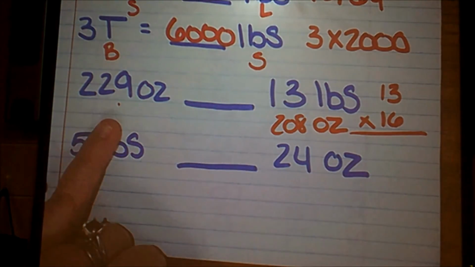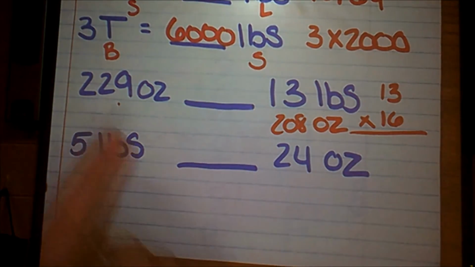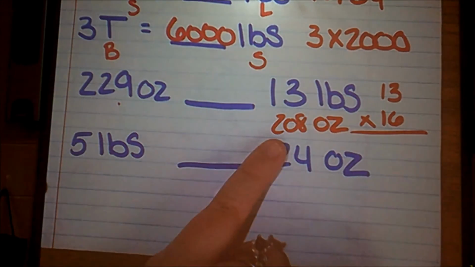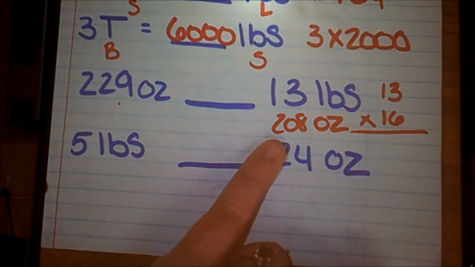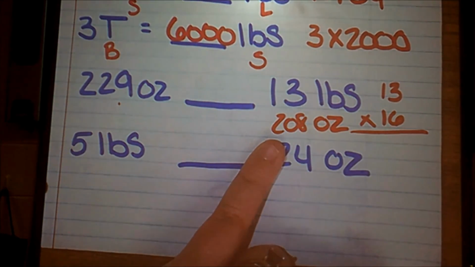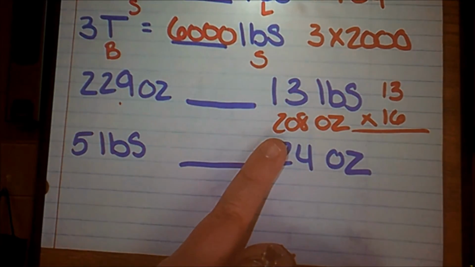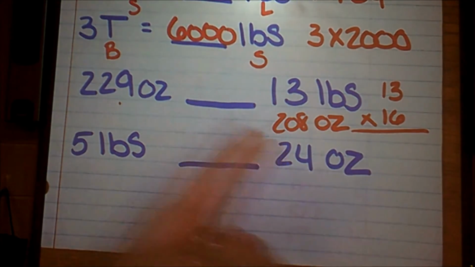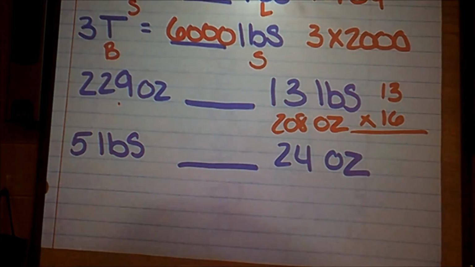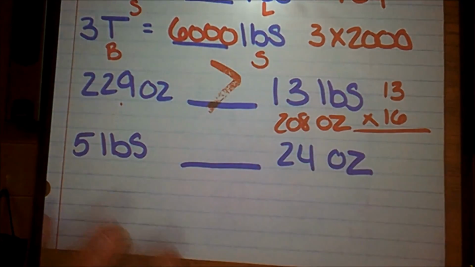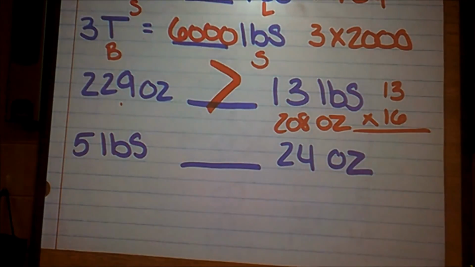So over here I have 229 ounces, and over here I have 208 ounces. And then you just make your alligator mouth face the right direction. Obviously 229 ounces is more than 208 ounces, so the alligator is going to eat 229.